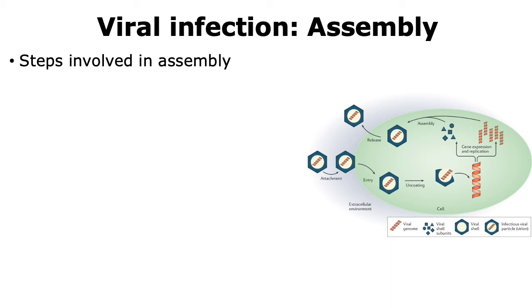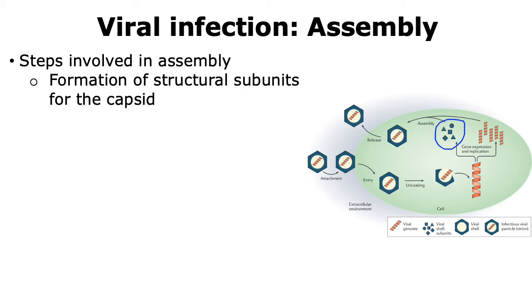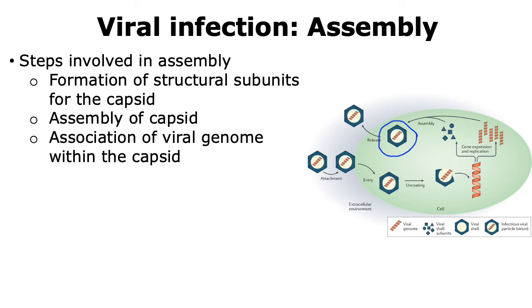The different steps involved in the assembly of virions include the formation of different structural subunits that form the capsid and the actual assembly of the capsid. Once the assembly of the capsid is underway, the viral genome has to be packaged within the capsid.